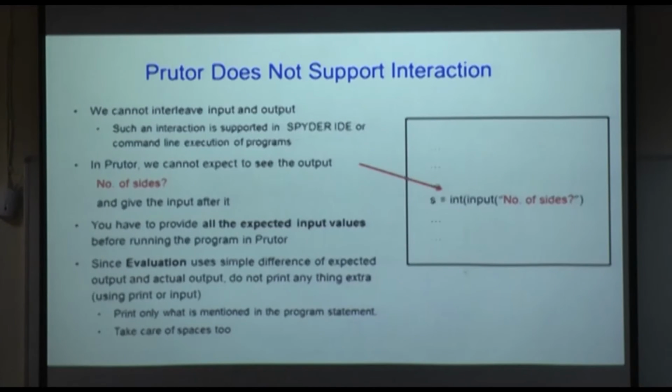So we will in fact use an evaluation mechanism where we can have some range of output rather than an exact output. But even then, try to match the output as much as possible. Print only what is mentioned in the problem statement. Don't put extra debug information. Don't print prompts. And take care of spaces while printing your output.